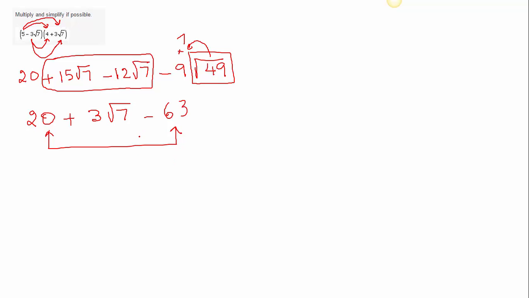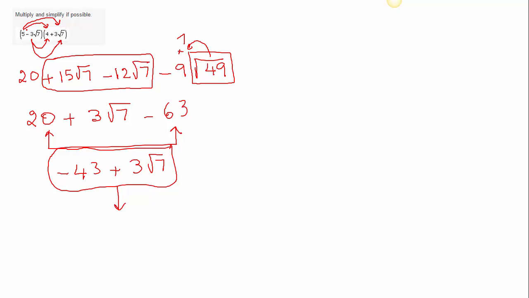They have opposite signs, so you subtract. 63 minus 20 is 43, but this is more negative, that's why I have negative 43 plus 3 square root of 7. Now this we cannot combine anymore because these are unlike terms. This is a radical, and here there is no radical. So this would be the final answer.